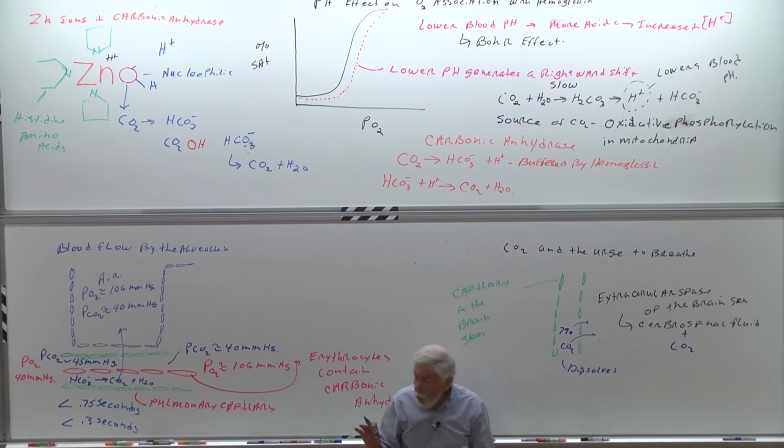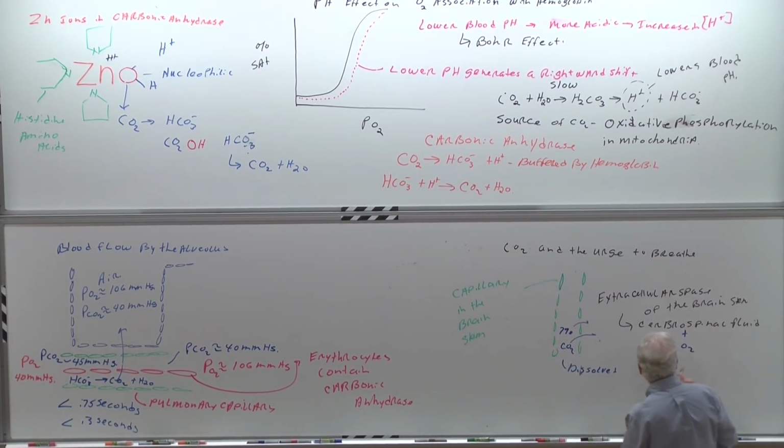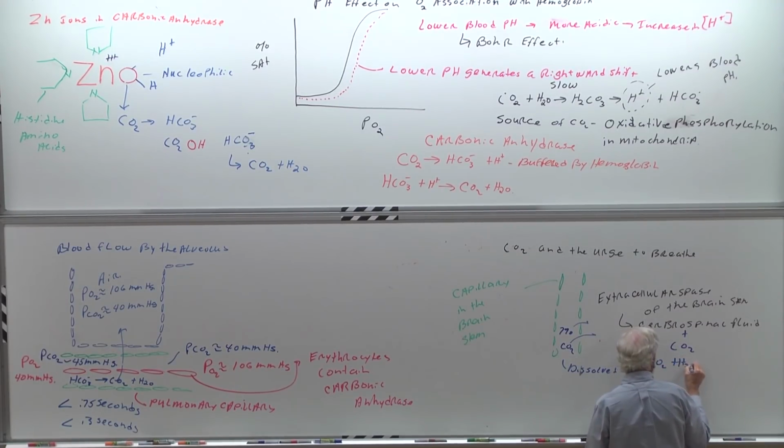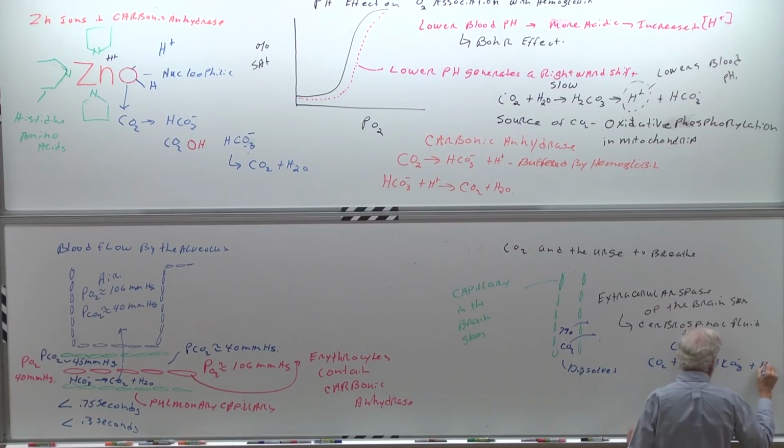We don't need to invoke the rapid chemical response of a carbonic anhydrase. We can take the CO2 and in the cerebrospinal fluid take CO2 plus H2O, give up bicarbonate plus hydrogen ion.